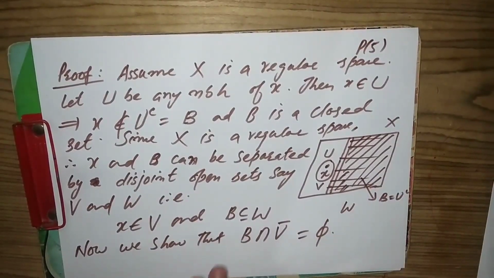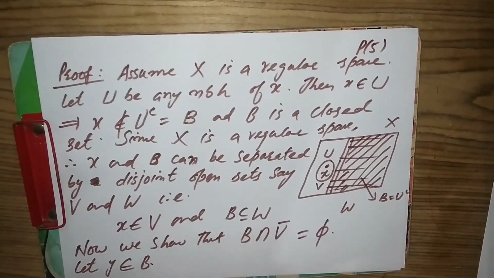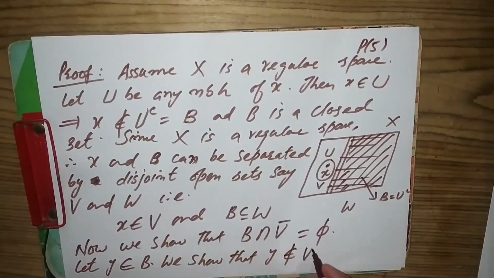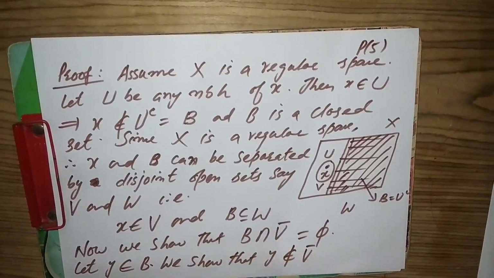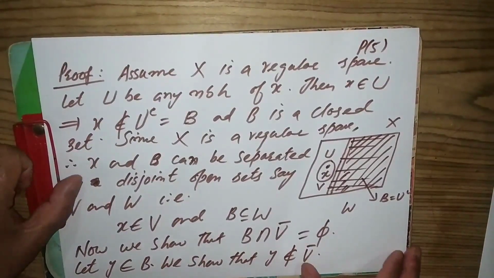So we show that any point which is in B is not in V closure. Let's choose any point Y that belongs to B. We show that Y is not in V closure. If we prove this, it means that B and V closure are disjoint, and their intersection is the empty set.